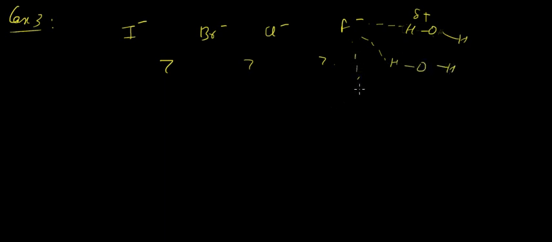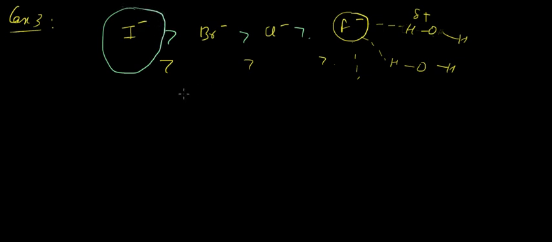Okay, so due to which it gets surrounded by water molecules, so its nucleophilicity would decrease. Hence, the nucleophilicity order would be something like this because of its bulky size.